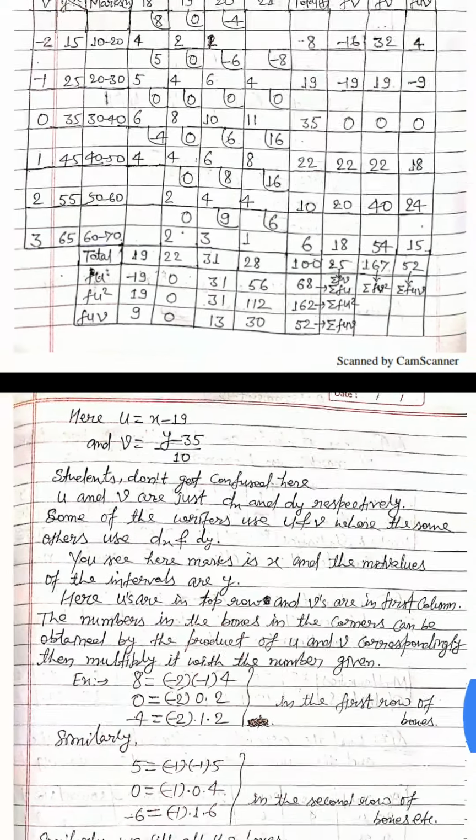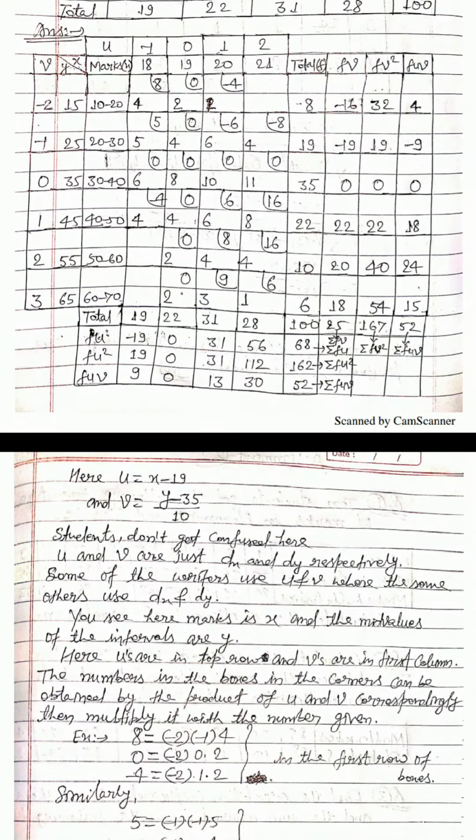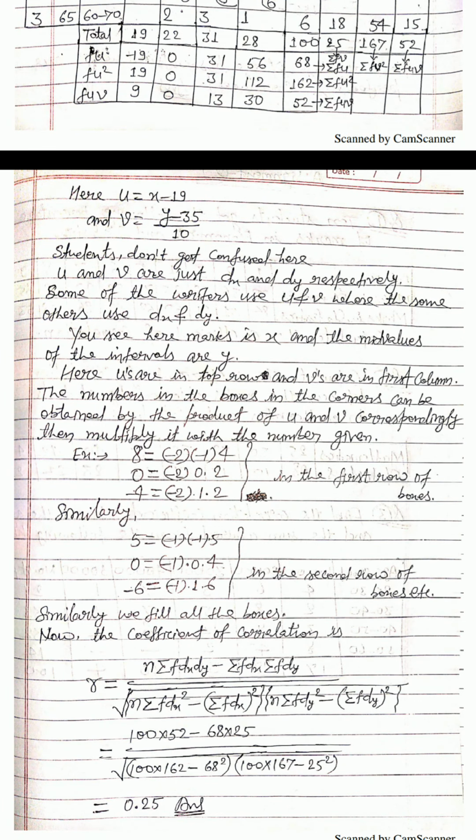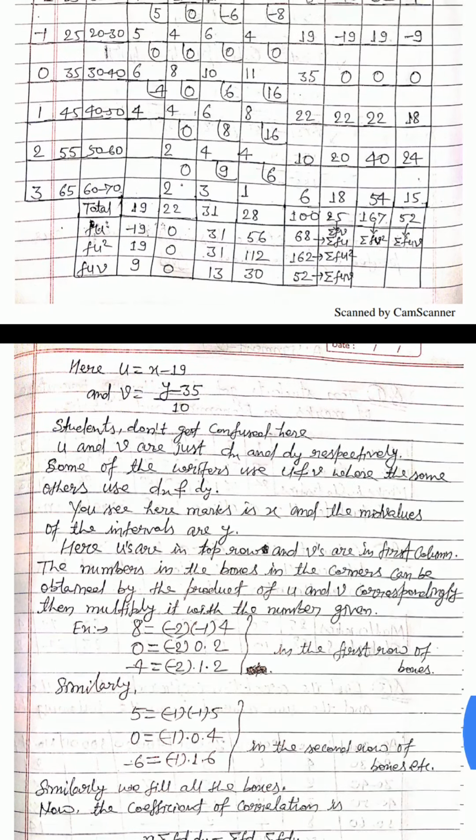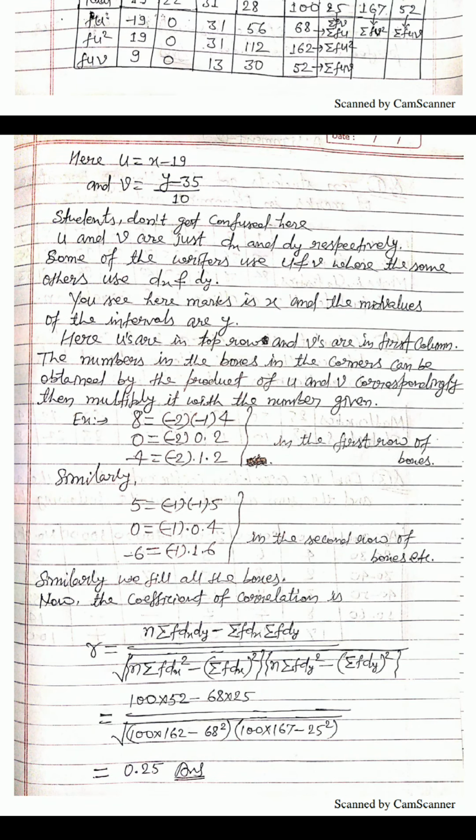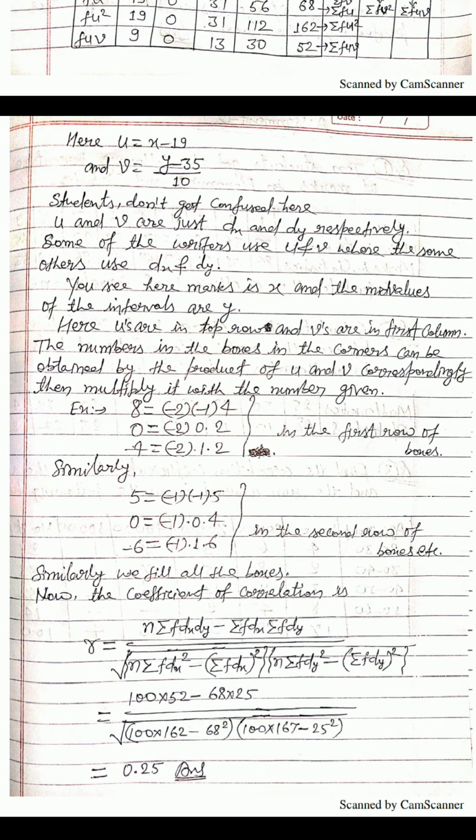Then we substitute the particular values from here. What are the values of dx and dy? We already mentioned it here: u is nothing but dx and v is nothing but dy. So we substitute all the values and find the value of the coefficient of correlation r.